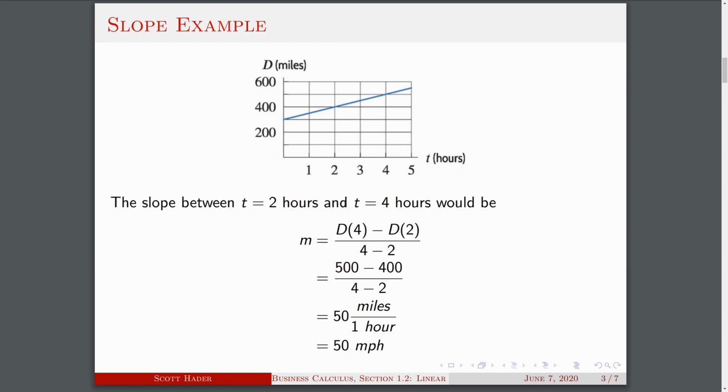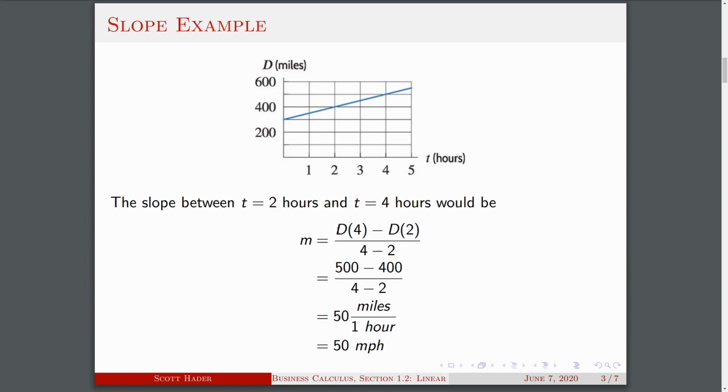So between t equals 2 and t equals 4, if we want to find the slope, remember we almost always use m for that. We'll take y2 minus y1 over x2 minus x1. The y and x coordinates both correspond to t equals 4 and so forth.